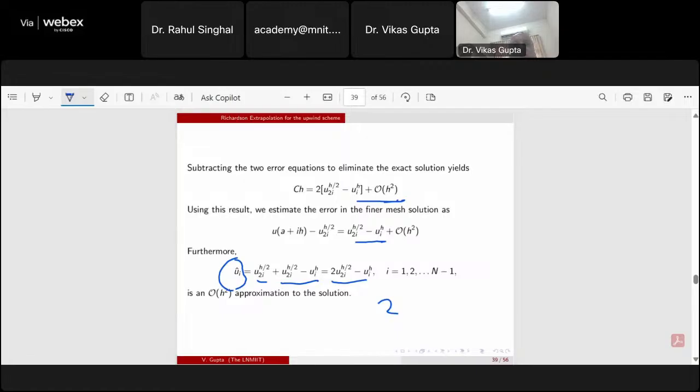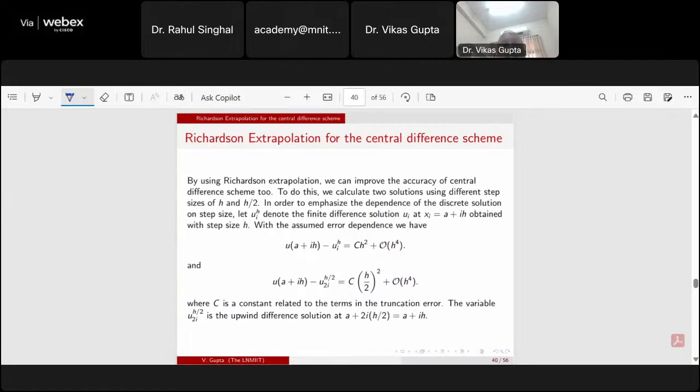In the same manner, we can construct a Richardson extrapolation scheme for the central difference scheme to get accuracy of order h to the power 4.